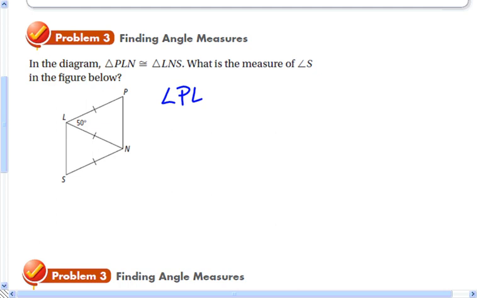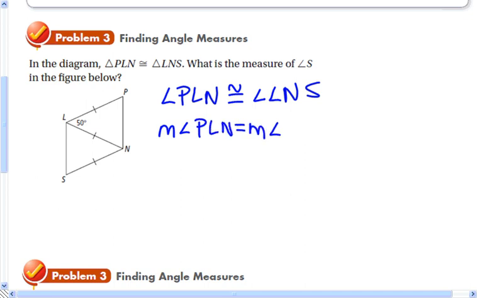Angle PLN is congruent to angle LNS. That's given. And then the measure of angle PLN is equal to the measure of angle LNS, which is 50.